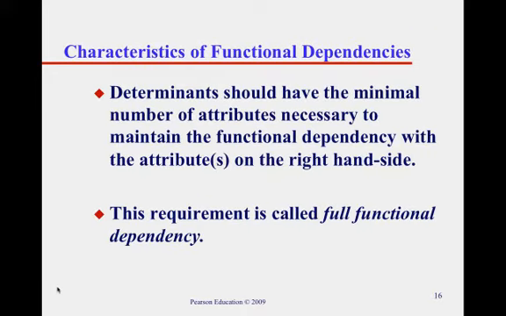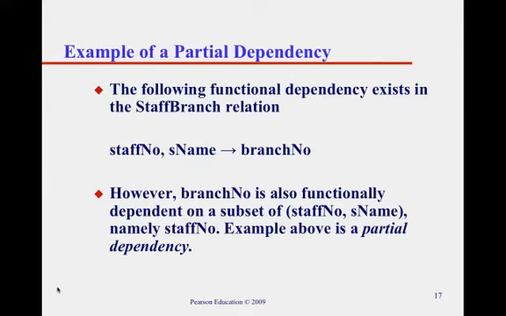Okay. So we have several properties that need to hold for functional dependencies. One is we want the determinants to be the minimal number of attributes necessary for that functional dependency to hold. So we can't remove any attribute from the determinant and still have that functional dependency. If that holds, we call it a full functional dependency, because it's a minimal set. If it's not, we call it a partial dependency.